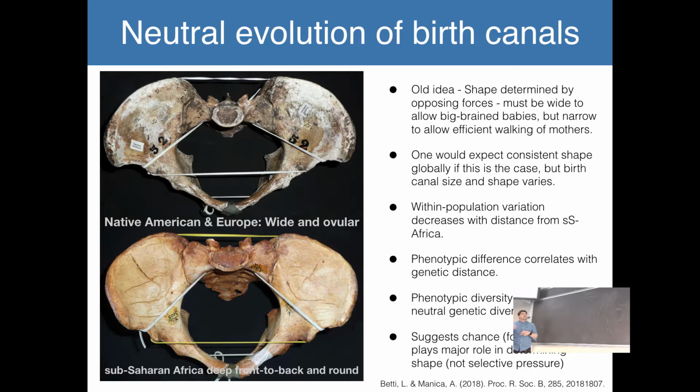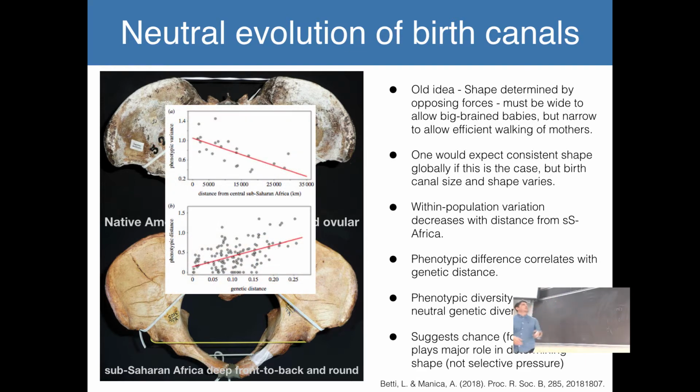So what this suggests altogether is that this variation in this really important trait for humans is driven largely by chance. So chance, these founder effects that are neutral evolution type effects, have shaped our birth canals, and not selection.